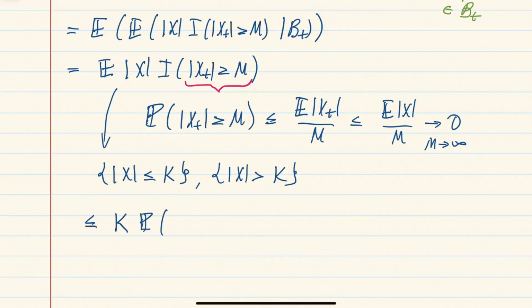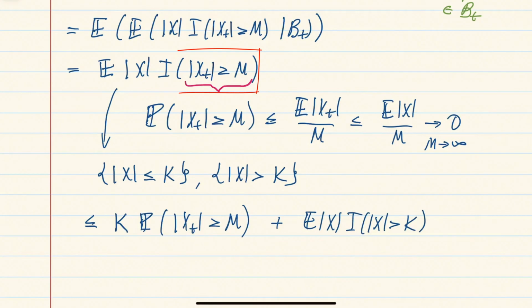So the average will give us this probability of the tail, right? And then on the second set, when x is greater than k, well, we don't touch the x. We simply write the indicator that x is greater than k, and we throw away the indicator with xt.